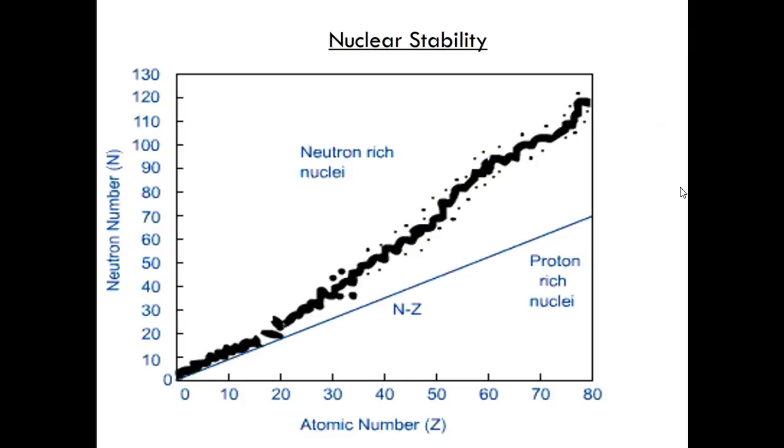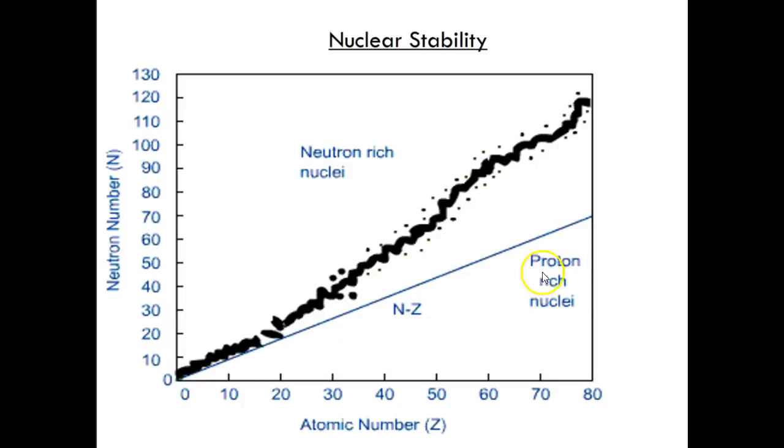So we've just talked about why smaller nuclei would be more stable than larger ones, and that's in terms of the strong force acting. But if we look at this now, what we can see is that as those nuclei get larger, in order for them to be stable, the number of neutrons massively increases above the number of protons. This blue line on here would be where the number of neutrons is equal to the number of protons.